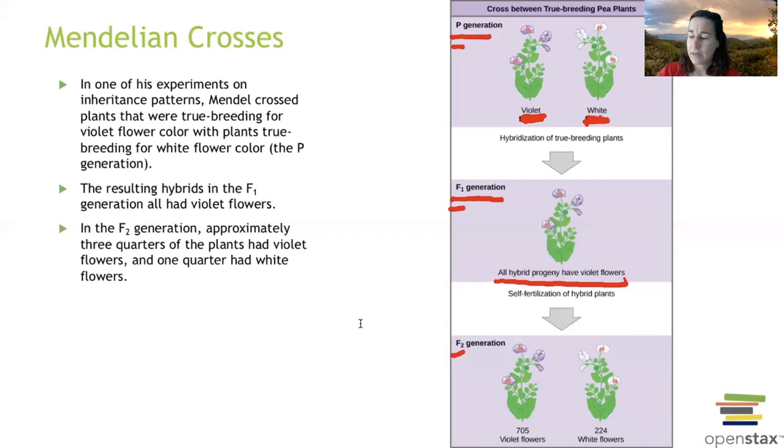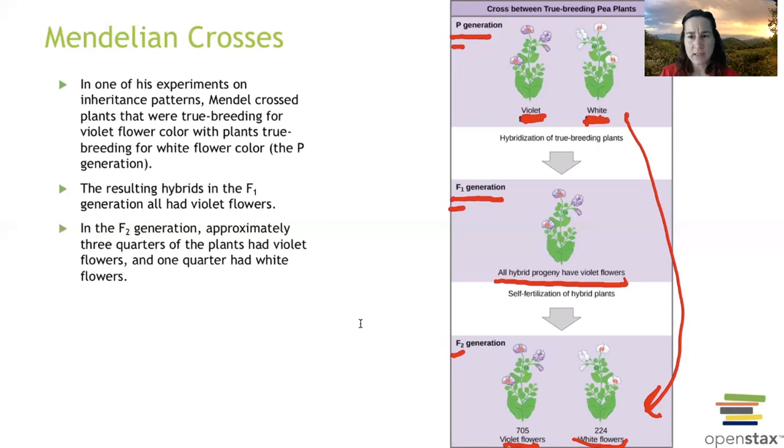And with the grandkids, we end up with this trait showing up again. We can see that there are purple flowers, just like we had in the F1 generation, but we also have white flowers showing up. So the white flower that was originally the grandpa, the parent generation from two generations ago, showed back up again.